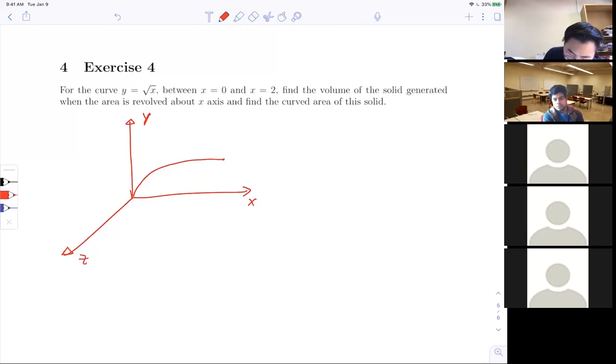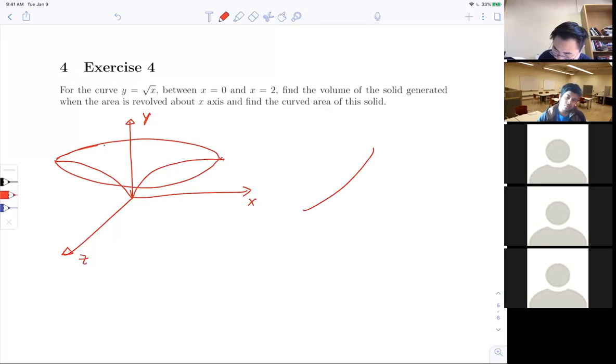Okay, so around the y-axis, it's something like, it's kind of difficult to draw. Something like that, right? If you flip this shape, you get something like this. But it's kind of difficult to draw in this direction.